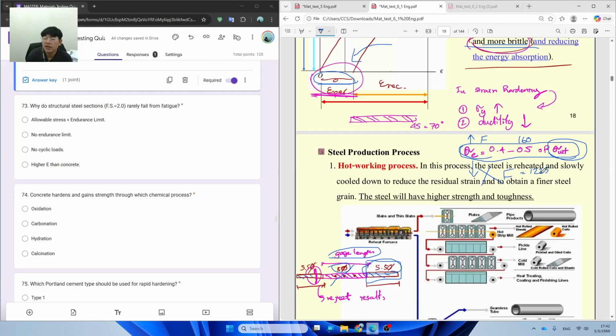This indicates that our structural steel that uses a factor of safety equal to 2 is not going to fail by fatigue, because the endurance limit is equal to 160, but the stress of our structural steel is going to be only 122.5 in the design.